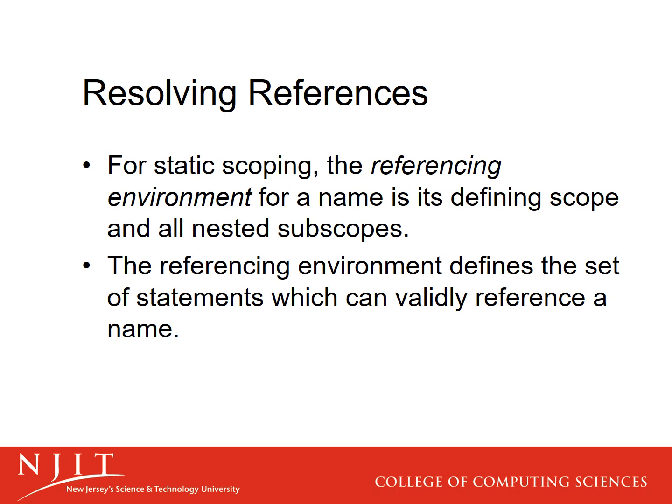The only people who can see and reference a name are the people in that referencing environment. If you are either in the scope in which the name is defined, or you are in a scope that is fully nested inside of that scope where the name is defined, then you can see the name. Otherwise, you just can't.